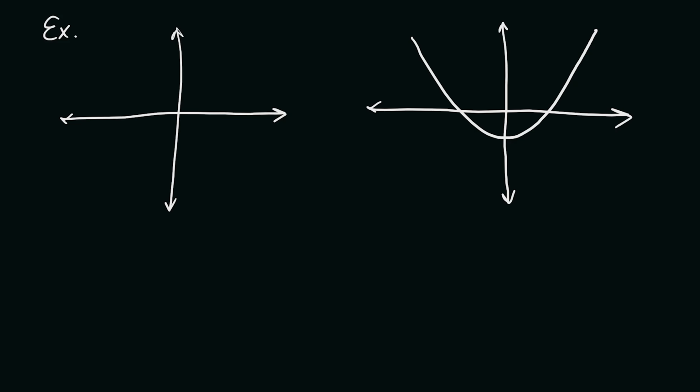It wasn't that bad. There we go. Alright, so these are the graphs. Let's do graph A and graph B. So tell me if these are a function using the vertical line test.